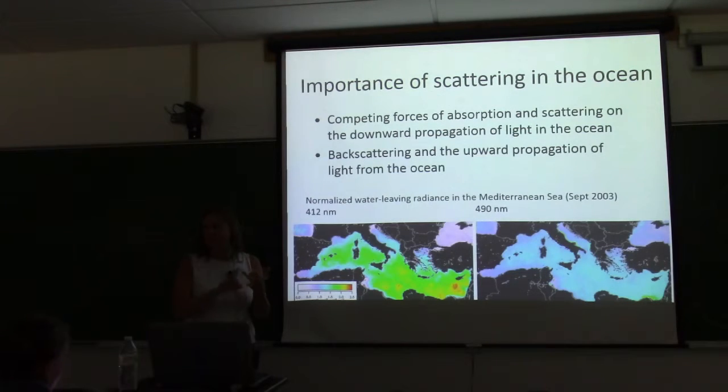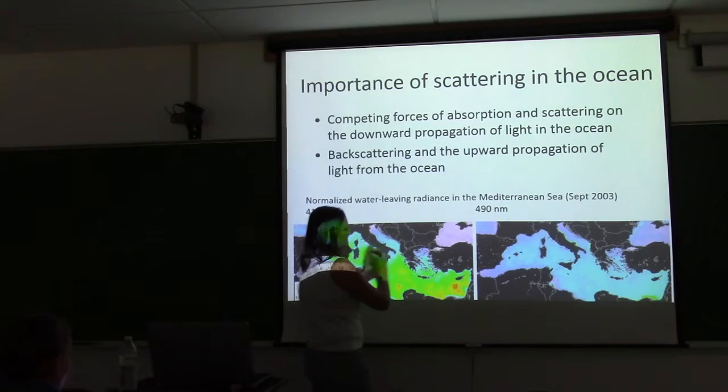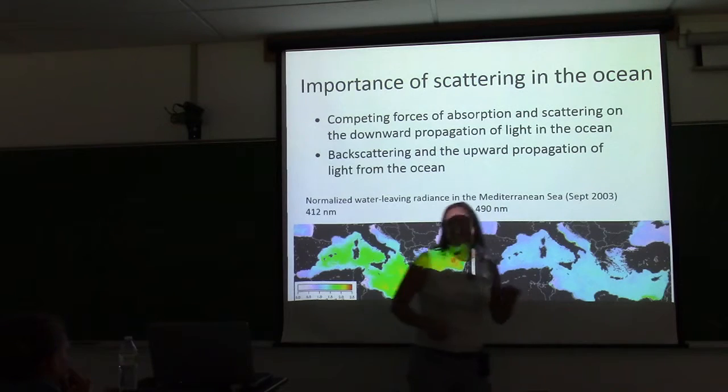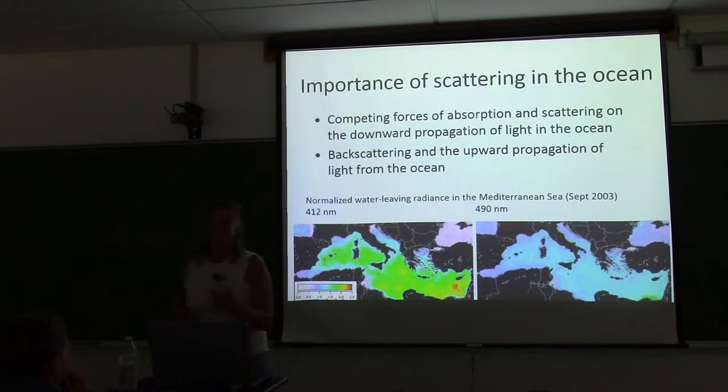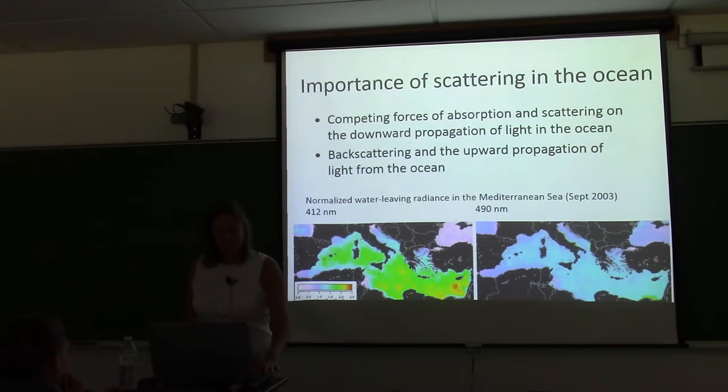Think about it in terms of absorption, which we talked about yesterday, and with regards to scattering. As you compare this end of the Mediterranean Sea and that end with these two wavelengths, I want you to think about what processes might be happening in the water that would lead to these different patterns. Because that's ultimately where we're going: what is the light that's coming out. Okay? Excellent.